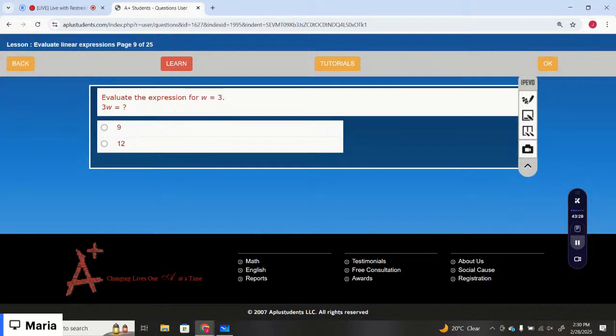Evaluate the expression for w equals 3. So 3 times 3 is 9. The correct option is option number 1, 9 it is.